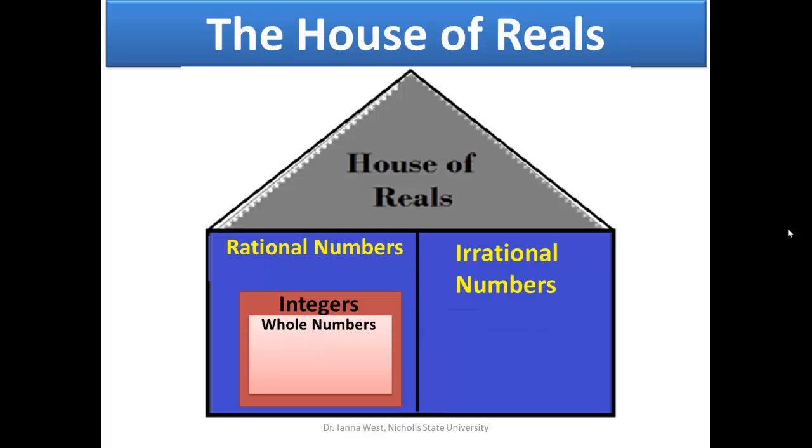The set of whole numbers contains the numbers 0, 1, 2, 3, and so on. The third subset is contained inside the whole numbers and is called the set of natural numbers. The set of natural numbers contains the numbers 1, 2, 3, and so on.